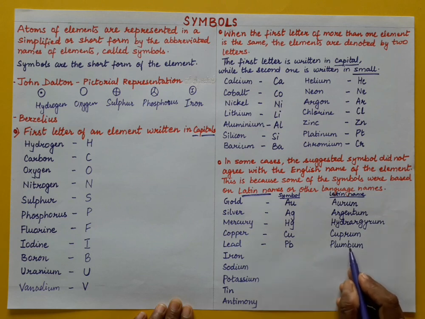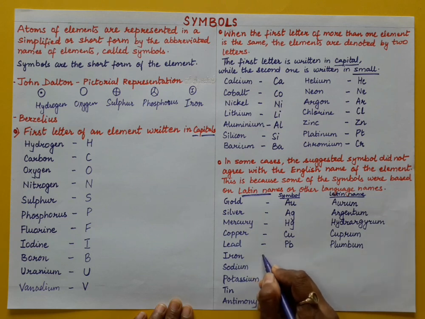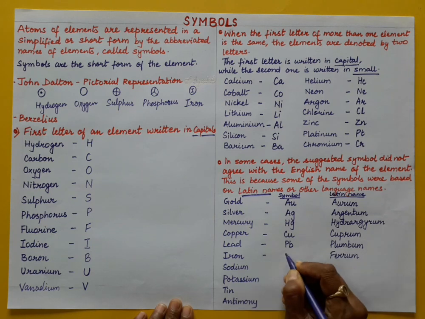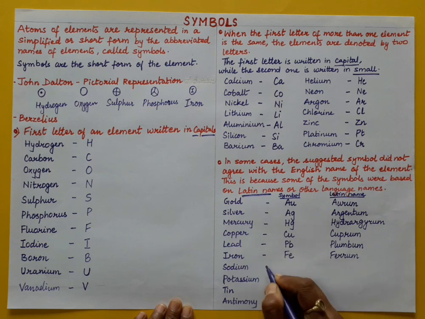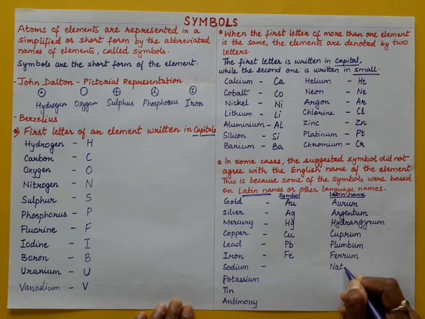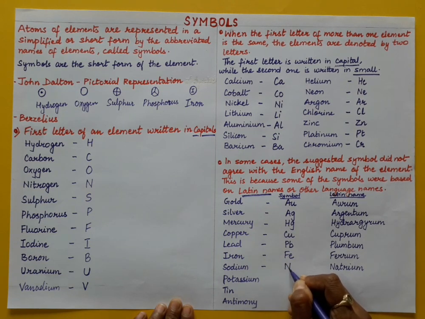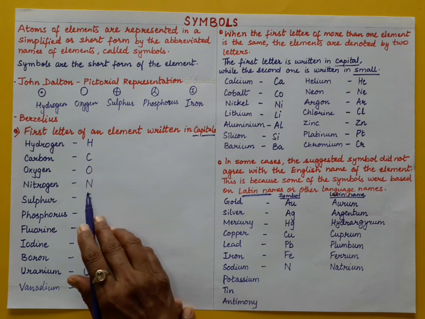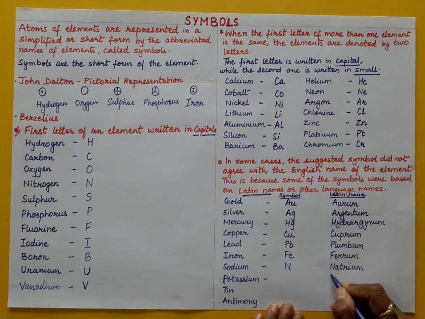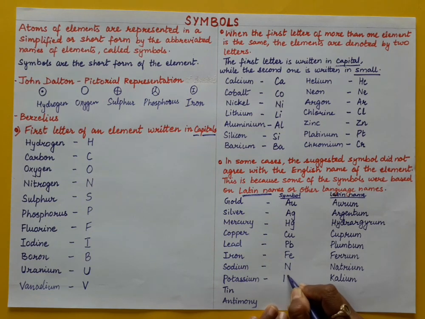Now for iron it is ferrum. So Fe, the first two letters, was taken as the symbol of iron. For sodium, the Latin name is natrium. So the first two letters were taken. In this case you cannot take N, as it was given to nitrogen. And for potassium, kalium is the Latin name and capital K was taken.